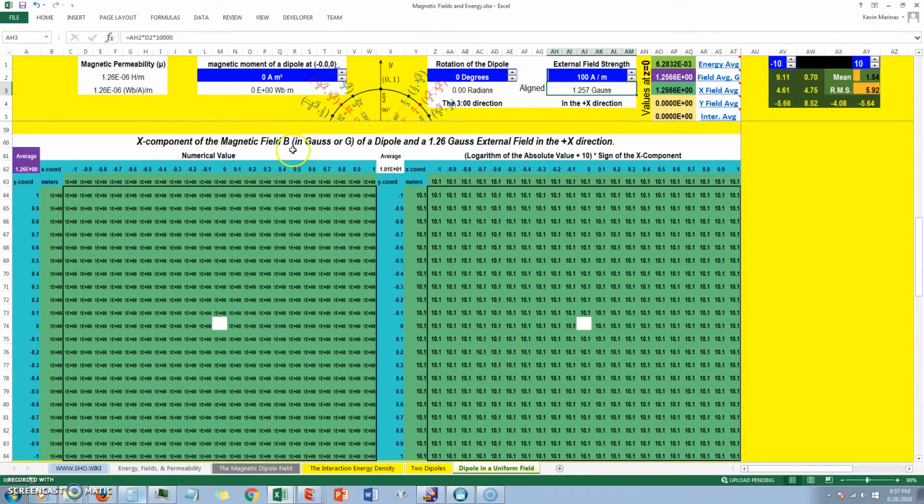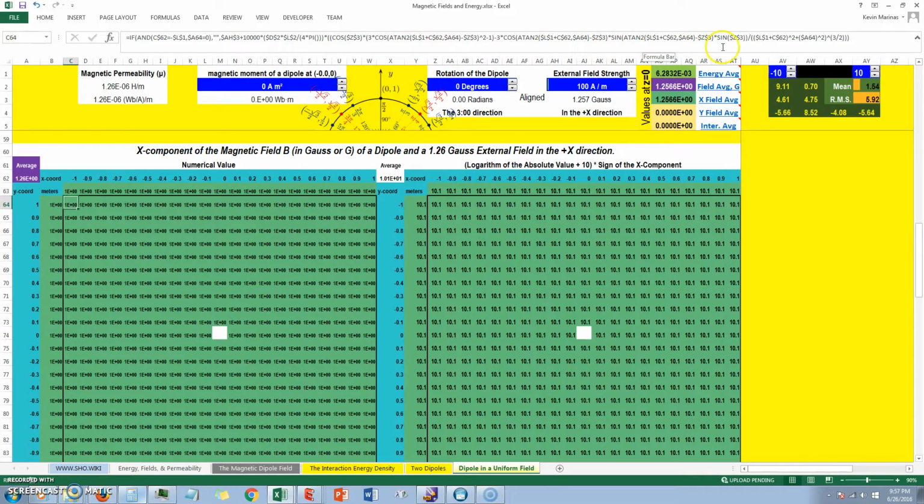Here is the x component of the magnetic field B. We see here there is an x component to the external magnetic field as dictated by this. So this is, oh, that's the logarithm. This is a way to make the color scheme better, but really the value is over here.